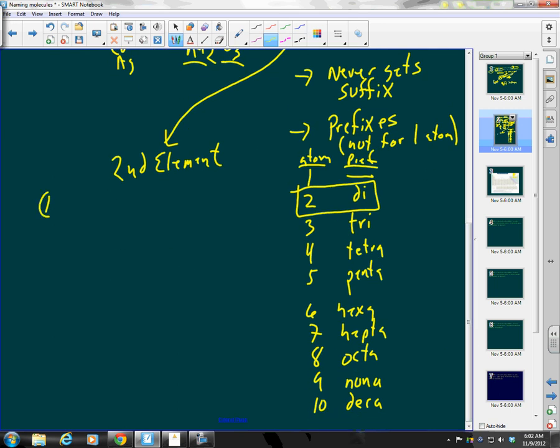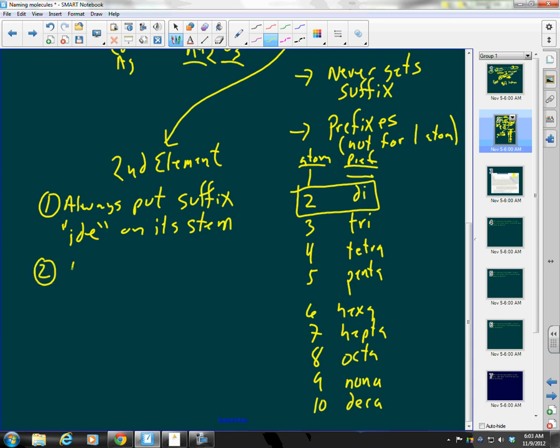Number 1, always put the suffix "ide" on its stem. And number 2, always put a prefix for the number of atoms of that element.